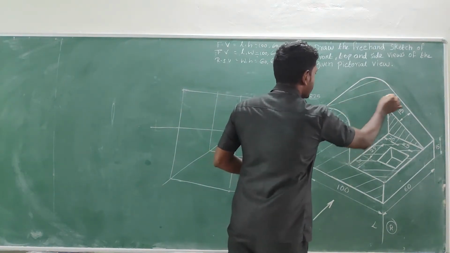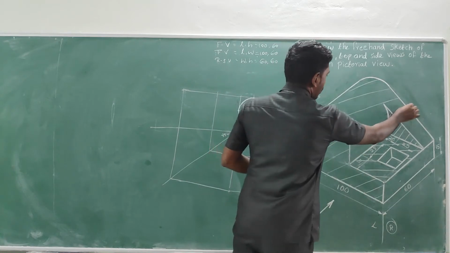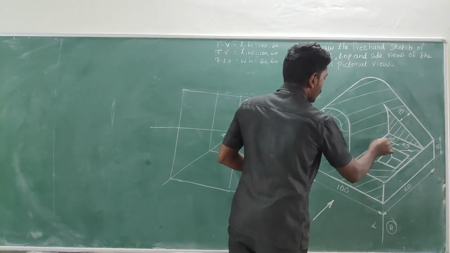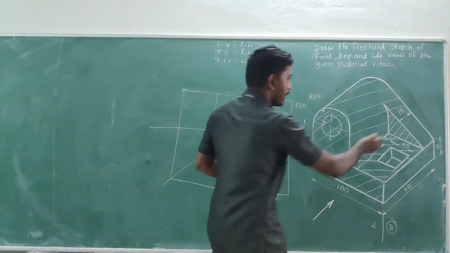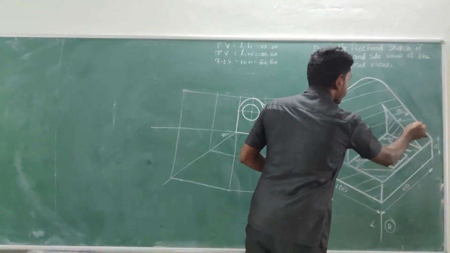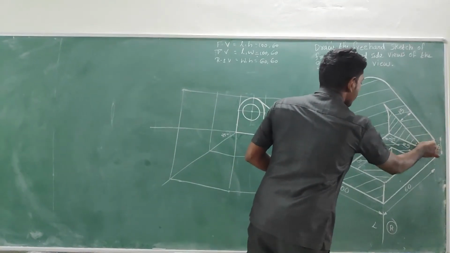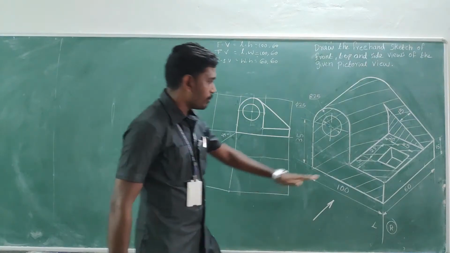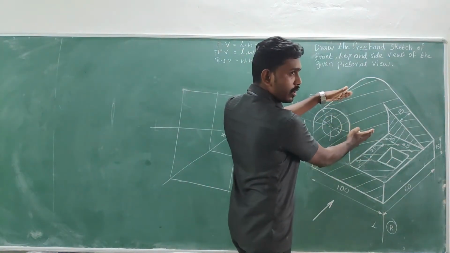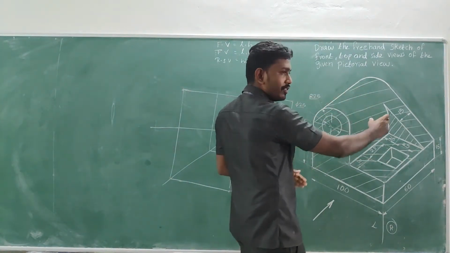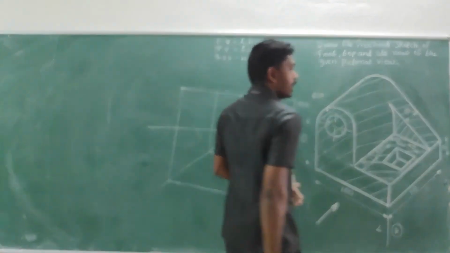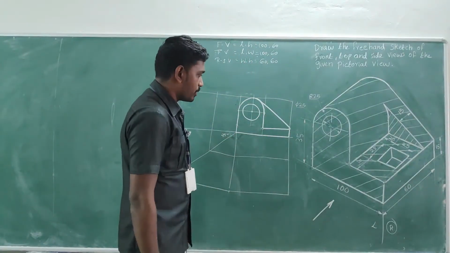This cylindrical object will be visible, and the vertical wall top face will be visible. Base top face, cylindrical object top face, and next this vertical wall will be visible to you.